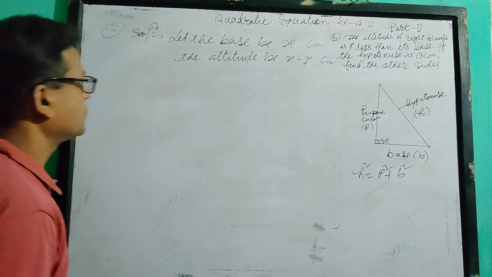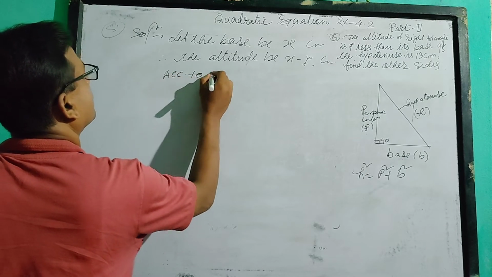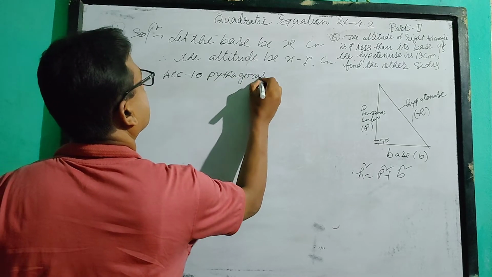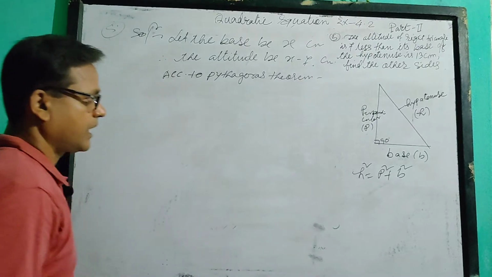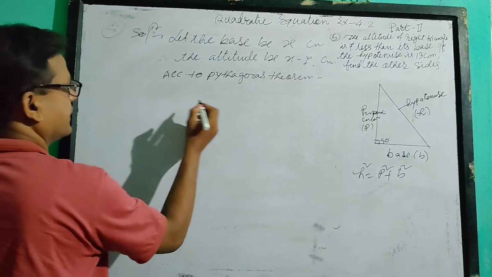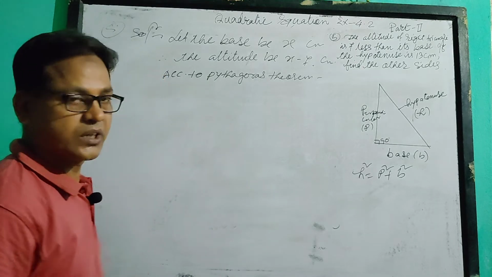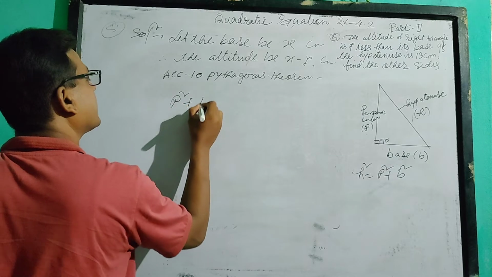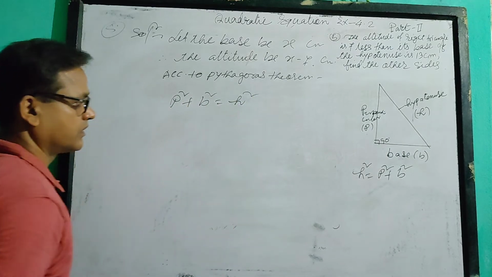So according to the Pythagoras theorem, P square plus B square is equal to H square.